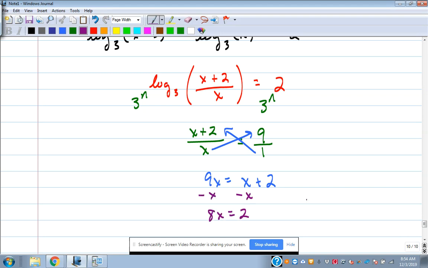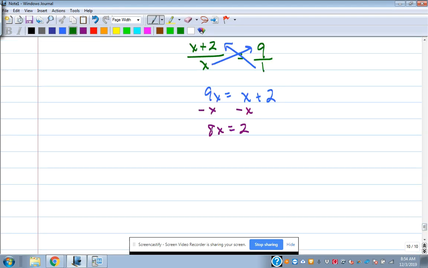X equals 2, divide by 8. 1/4. And does 1/4 work inside of the original problem? All right, so check that in the original. We've got a fraction answer here, so it's a little weird, but it works.